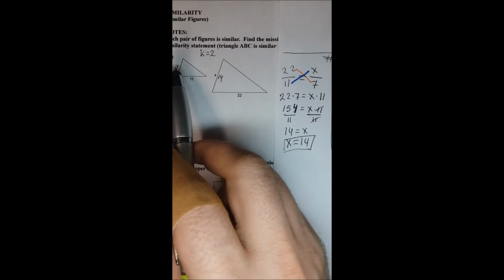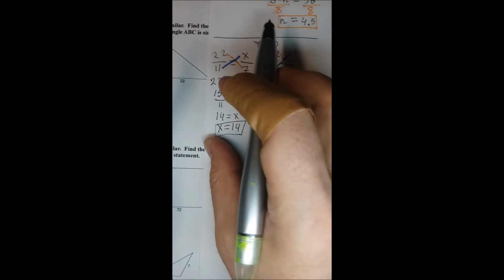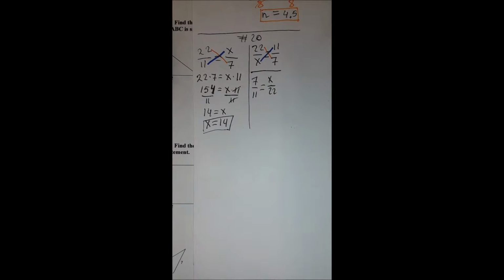Also, what you can do is start with the small triangle. You can say the relationship of the sides, 7 to 11, is the same thing as x to 22. We can write it down like this, x over 22. That's doable as well.